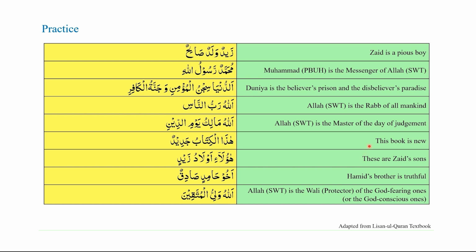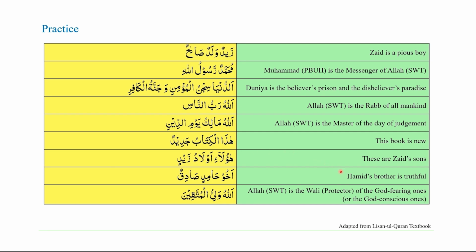This book is new. Hazal kitabu jadidun. These are Zaid's sons. Haulai awladu Zaidin. Awladu Zaidin is murakkab izafi and it is being used as khabar.